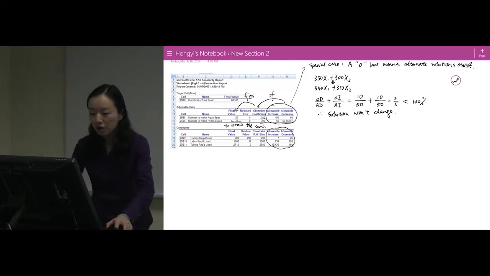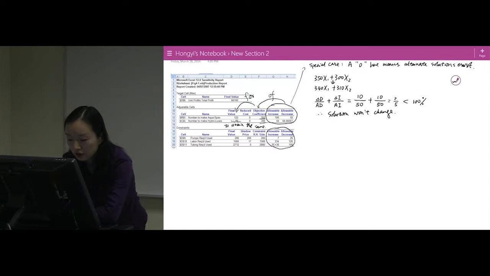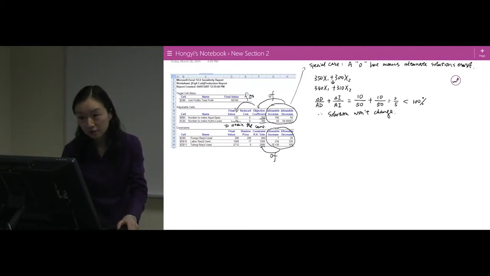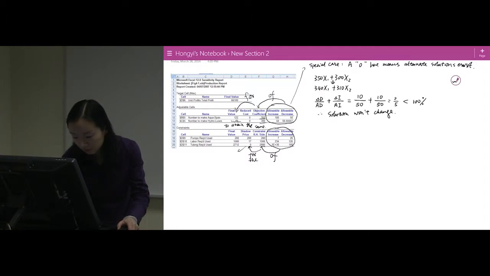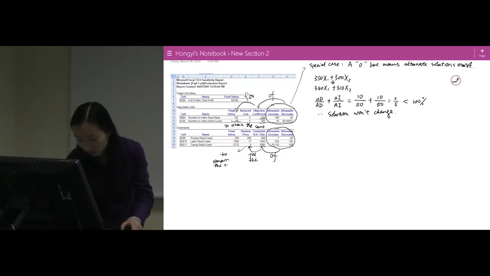Here, these are the allowable increase or decrease of the right-hand side of your constraint for the shadow price to remain the same.